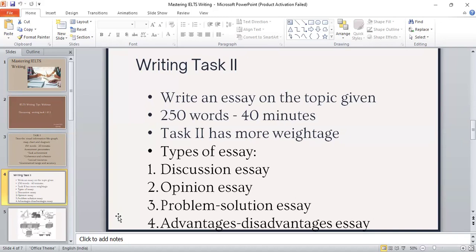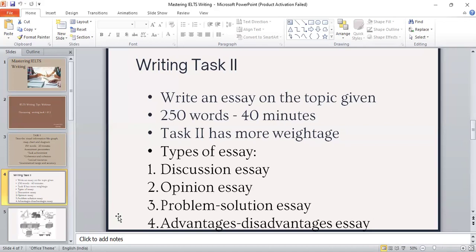If you are repeating words, for example increase or decrease, if you are trying to repeat the same words again and again, then you can go for synonyms. Synonyms means, for example, for decrease you can use decline.